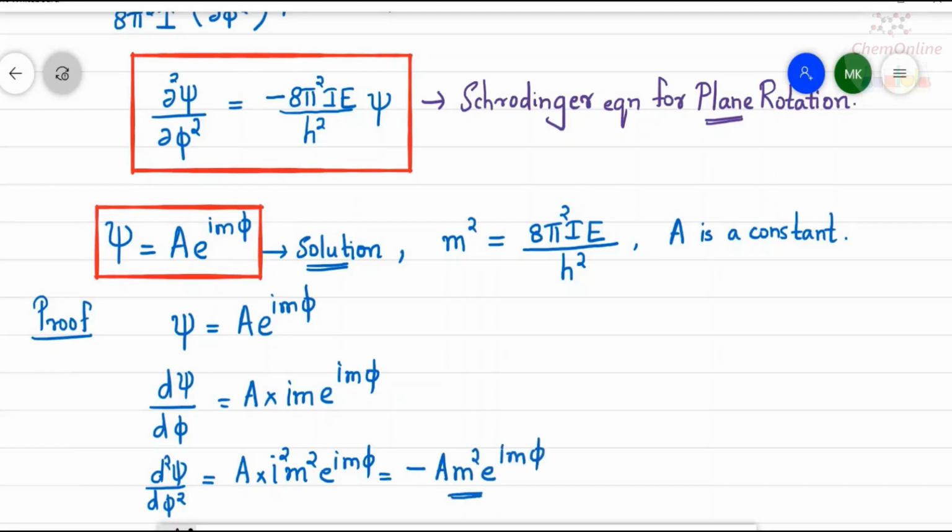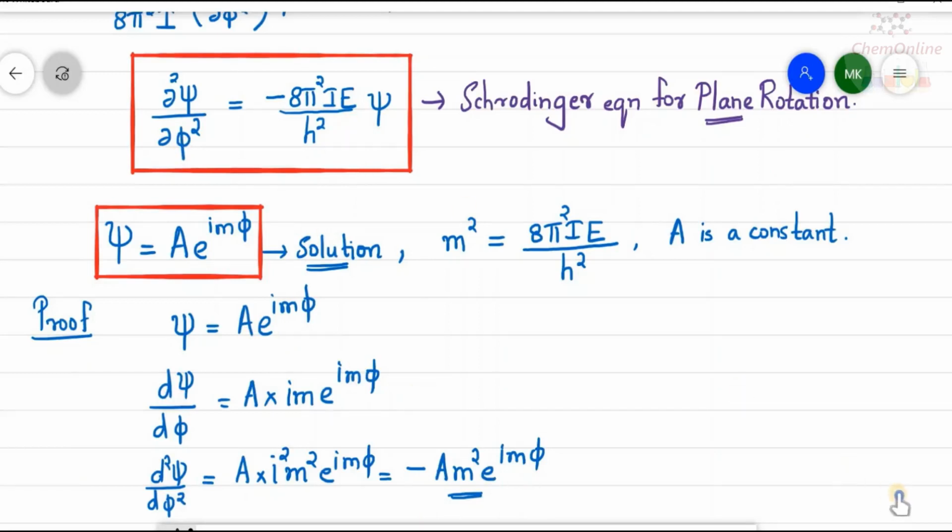Now we have the Schrodinger equation: d square xi by d phi square equals minus 8 pi square IE by h square into xi. So we are substituting the value of d square xi by d phi square, that is minus a m square e raised to i m phi, and the value of xi, that is a into e raised to i m phi.